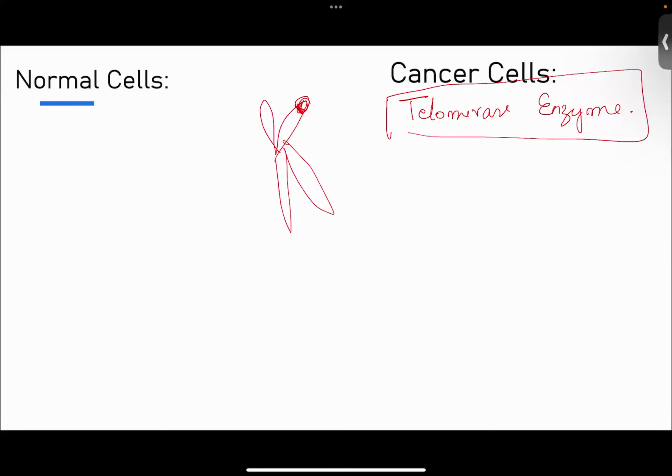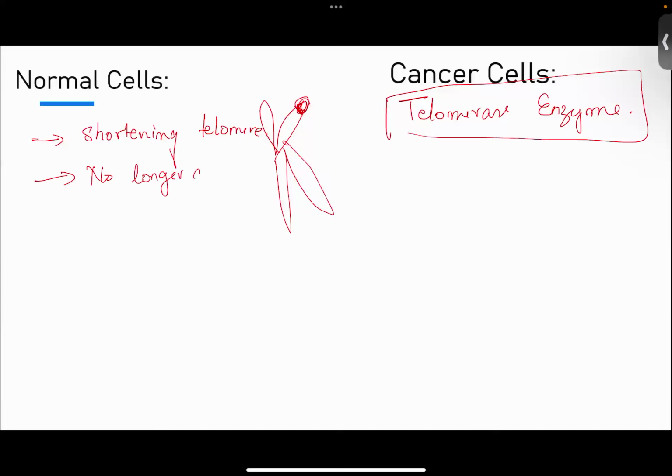Once the telomere gets very, very short, this is how it works. In normal cells, there will be shortening of telomeres. Once the cell no longer has the capacity to shorten the telomere, it will no longer divide.